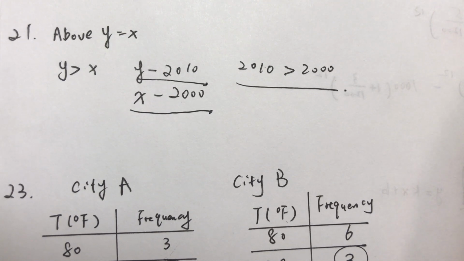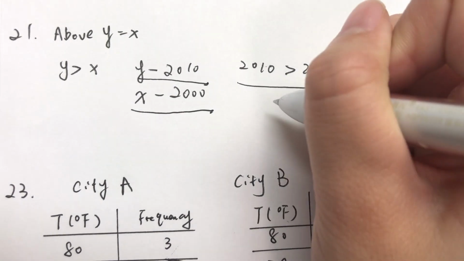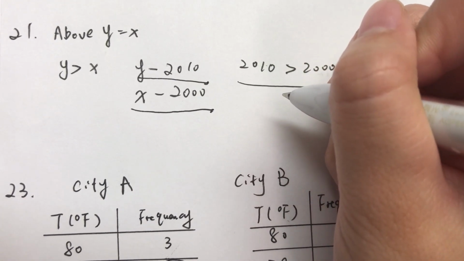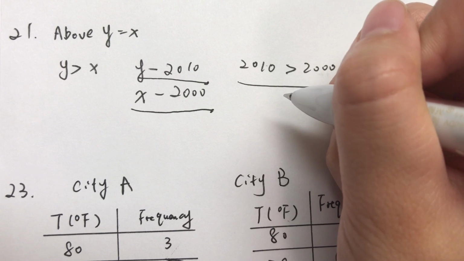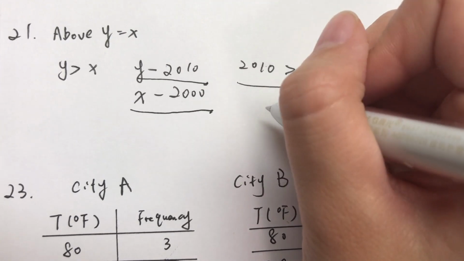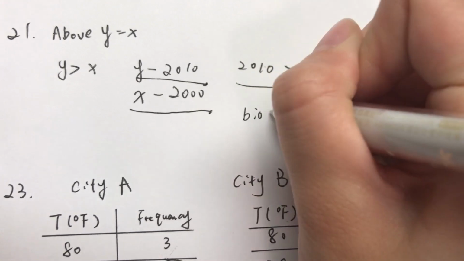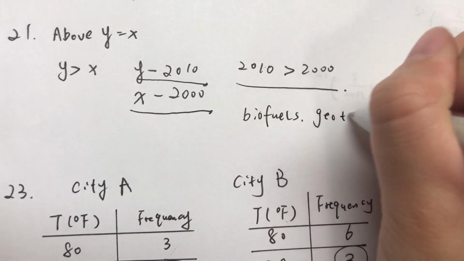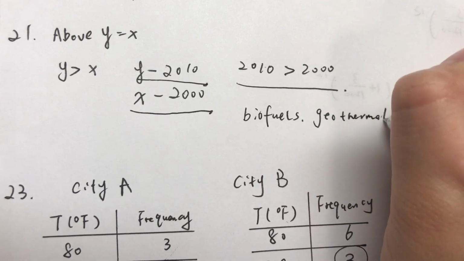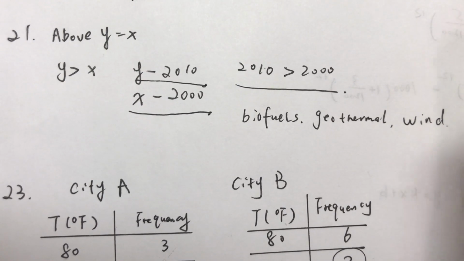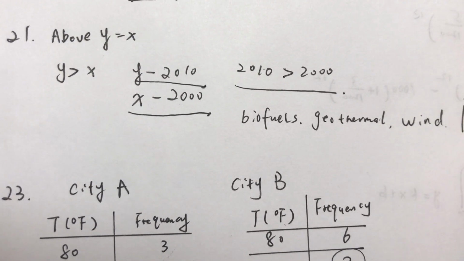So we can conclude that these 3 points are above the line y equals x. Therefore, we have 3 points: biofuels, geothermal, and wind. So the correct answer is C, 3.